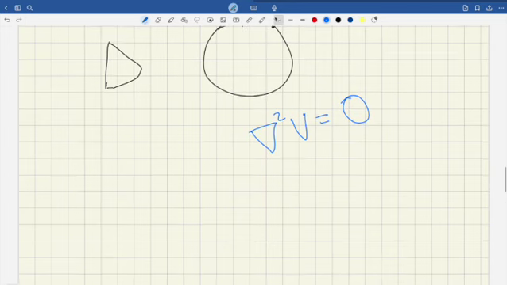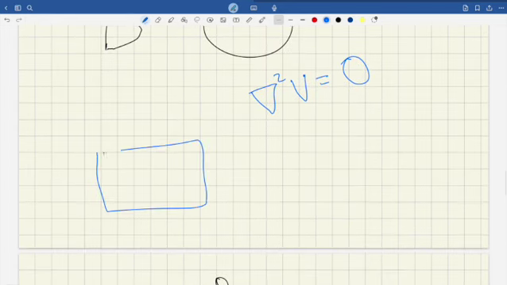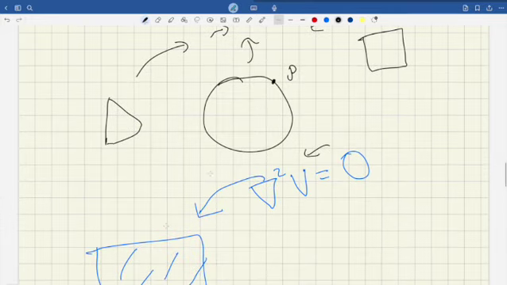Let's say you remove all these conductors and you just have empty space. Wouldn't this equation also apply here? Why can there be a solution to this equation here? And we would have to have a completely different solution for the potential in empty space, right?